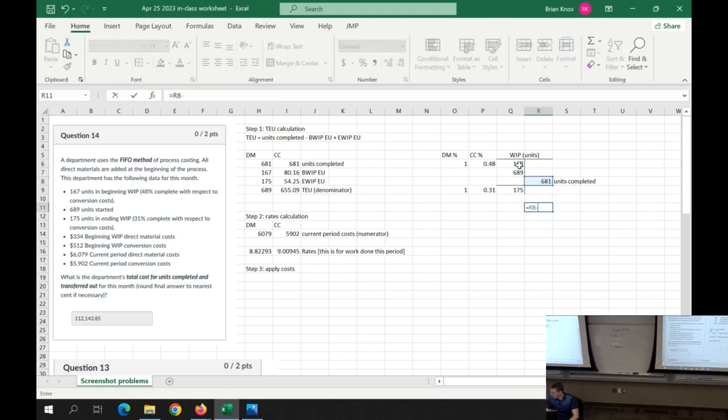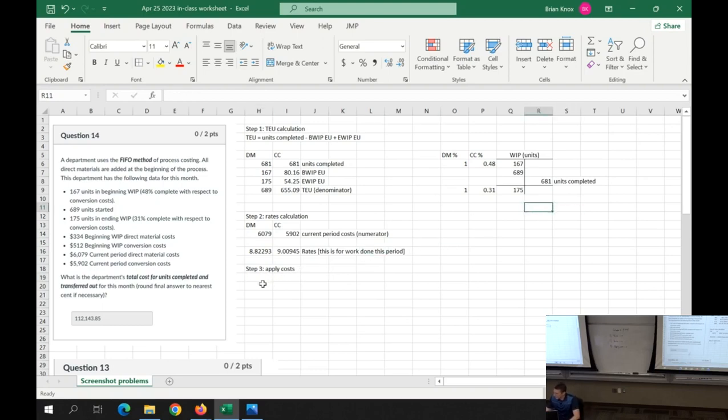So 167 of the 681 is us just topping off those units that were 48% complete, doing the 52% of the work that's needed to complete those. And 514 whole units were started and completed this period. And we're going to use this period's rates for those.